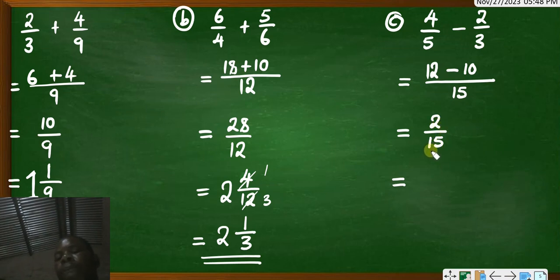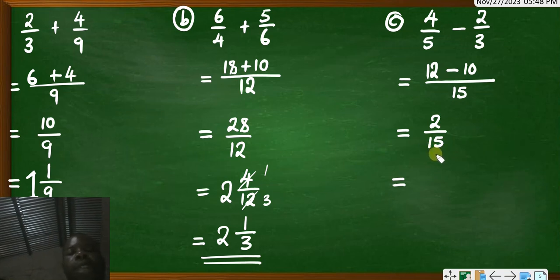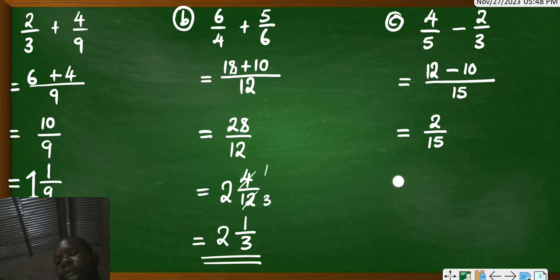Can 2 go into 15 without giving you a remainder? No. The number does not exist which can go into 2 and 15 without a remainder. So here your answer will remain like that.